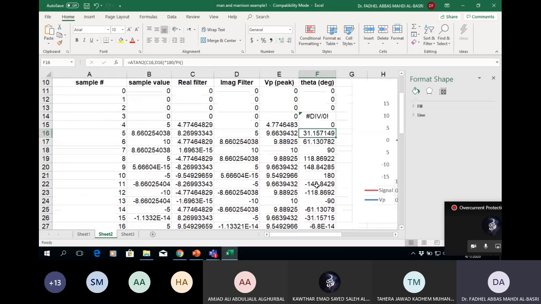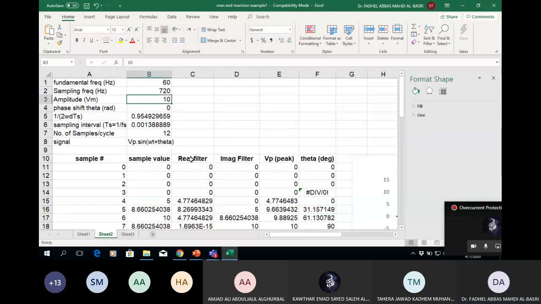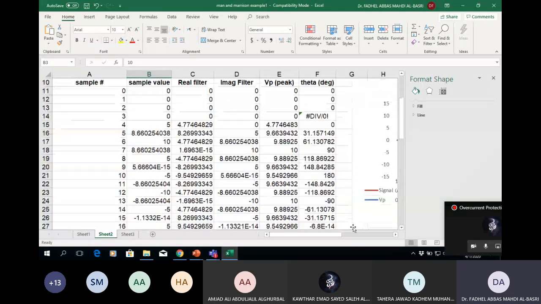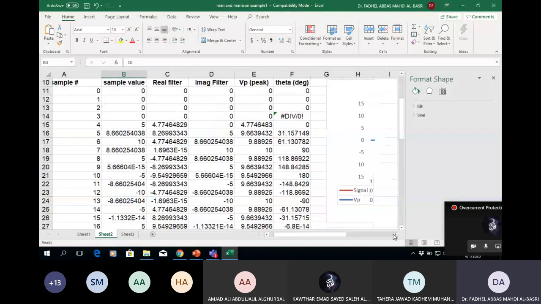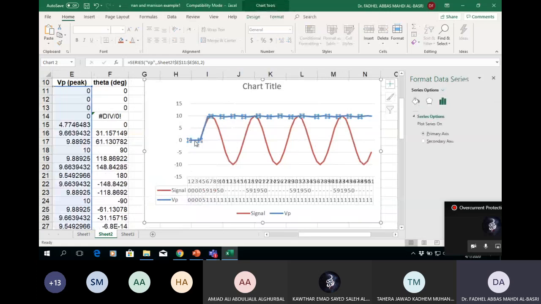And so as you can see, the input signal I put is 10, so I should estimate 10, right? If I look at the graph here, this is the sine. The first 3 samples are 0. I put them, then I put a sine wave of 60 hertz. As you can see, the algorithm is tracking the magnitude.